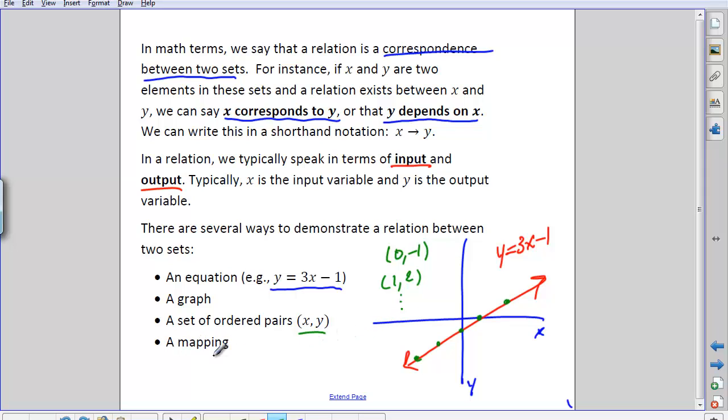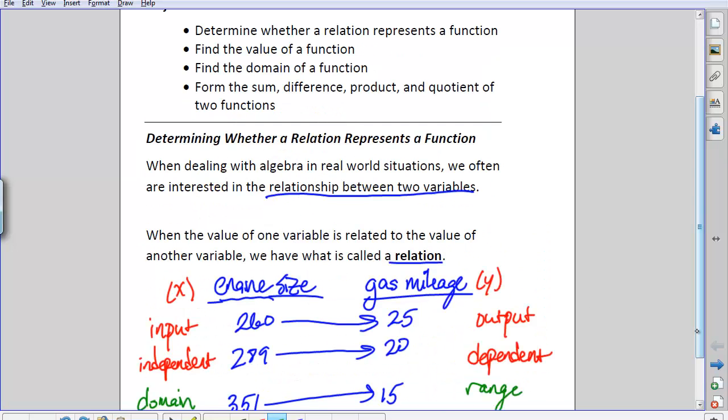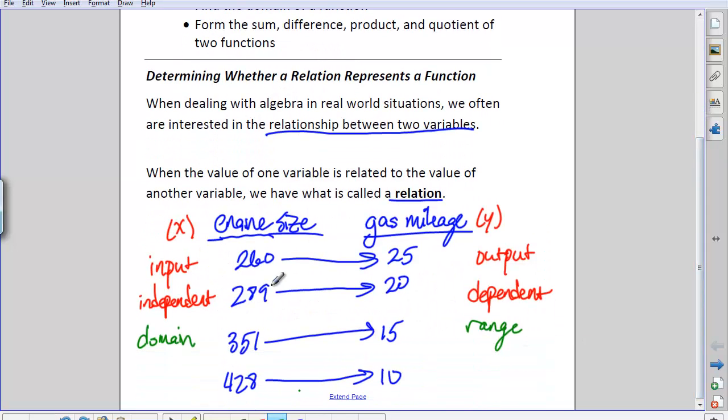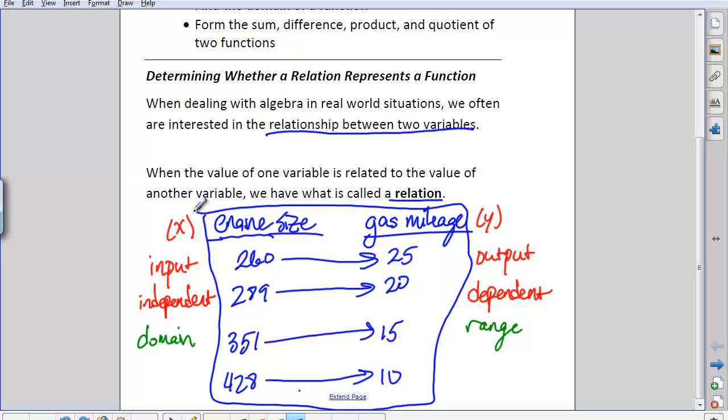Then we can also use what's called a mapping. And actually, if we go back to this right here with engine size and gas mileage, this diagram that I drew, we would call that a mapping. So we have the x values here and then arrows going to the y values. And these are really the same as saying (260, 25).